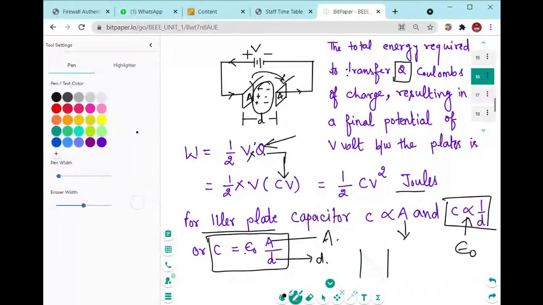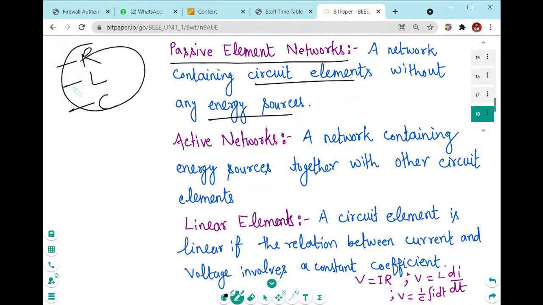What is the distance? The distance is in between these two parallel plates. This is D right here. So when charge is moving from one plate to the other, the distance is in between these two plates. These are the basic components we are using in passive element circuits.